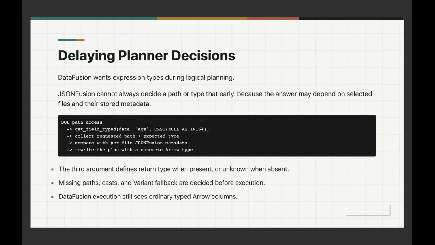Because DataFusion doesn't actually have a wildcard type, the function itself has to return something, and string is the default option. This works for queries like just select all from the JSON. You will see a plain formatted JSON string, which is the default string output.